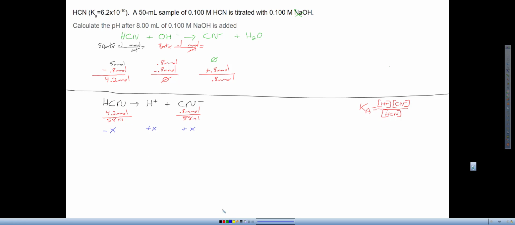Now, if we look at the math here, well, here's some math nobody wants to do. And as you can expect, here, we're definitely going to have to drop those x's. And so now I can take all of my values and plug them in for Ka. And I'm given my Ka.